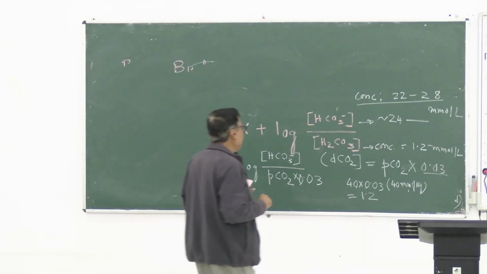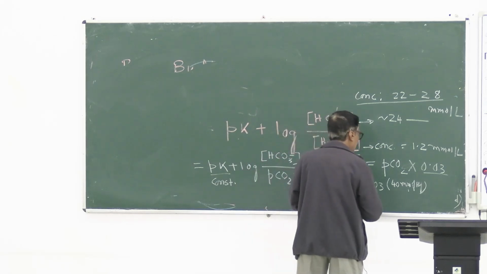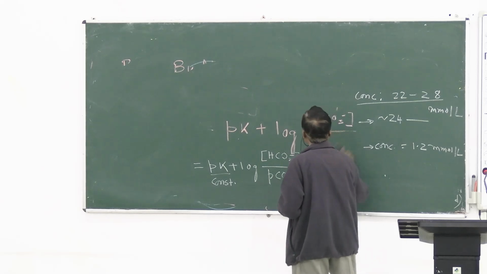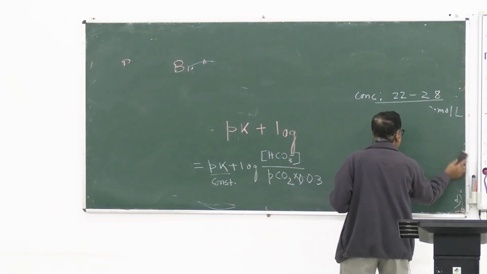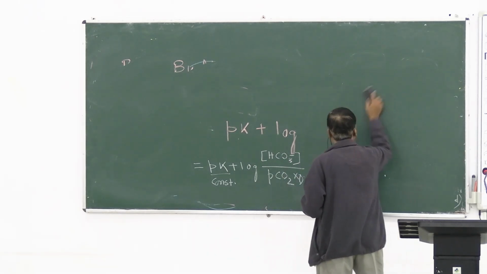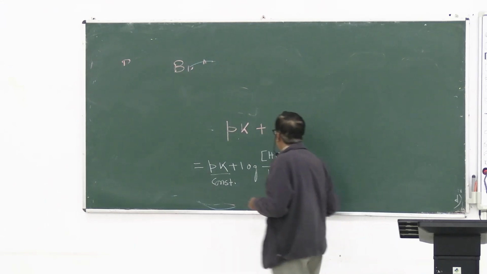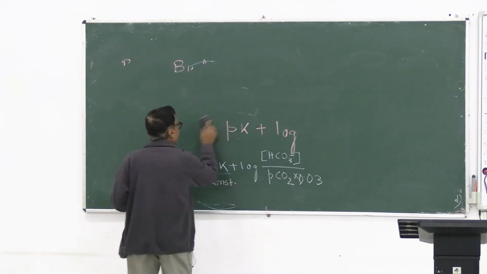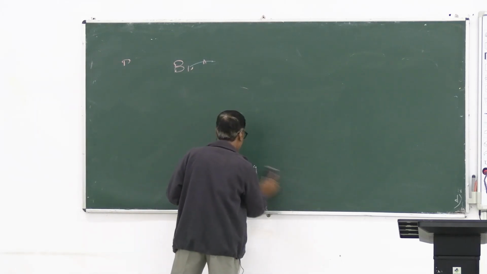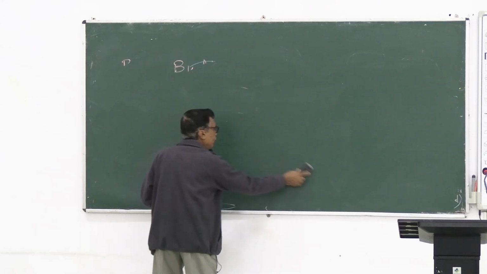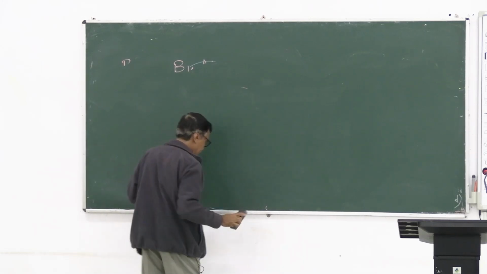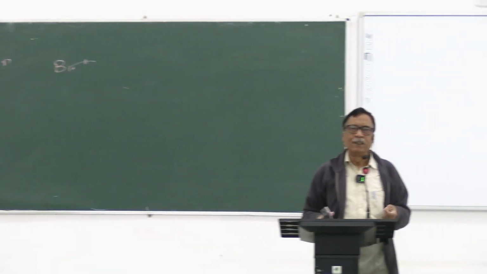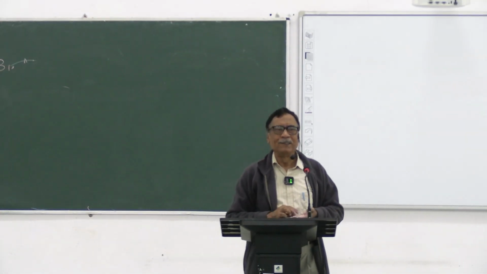So from this equation we can see prominently that pH is equal to 7.4 in normal cases, provided this ratio is 20. Any alteration of this ratio is the root cause of acid base disturbance.